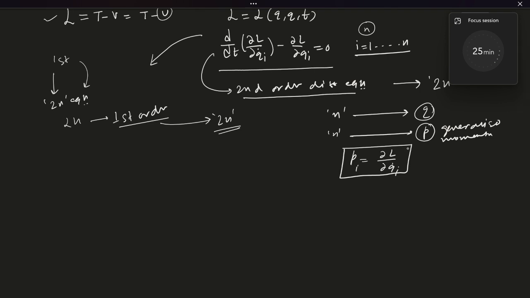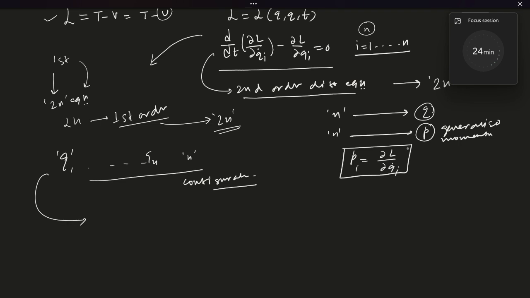That means there are a total of 2n coordinates. When we are talking about the Lagrangian formulation, there is q1 to qn, n coordinates, and they form the configuration space.